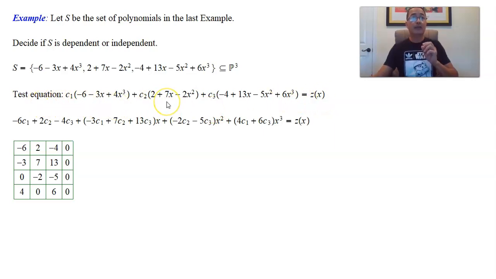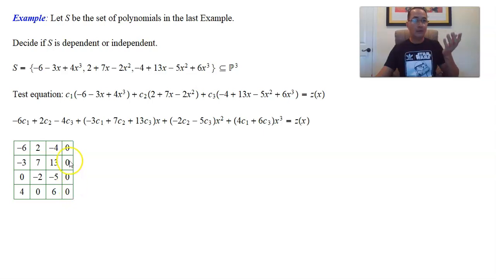So this is our test equation, with the original coefficients from that example. The left side of the equation simplifies to exactly the same thing, but this time you want it to be the zero polynomial, so every coefficient has to be 0. I hope this reminds you that all this is a homogeneous system of equations.